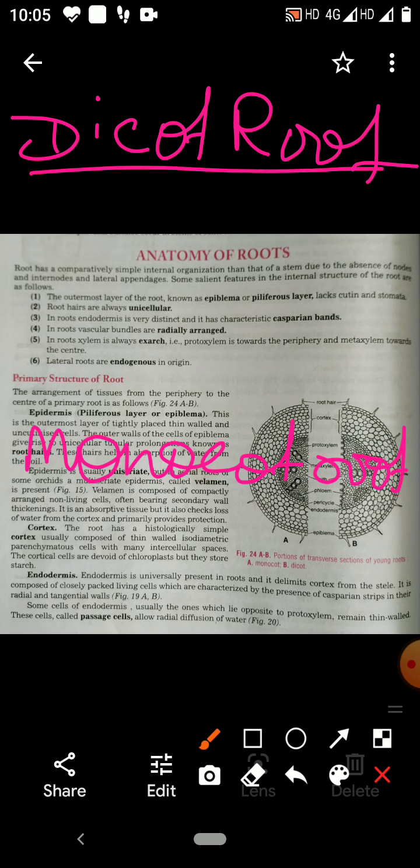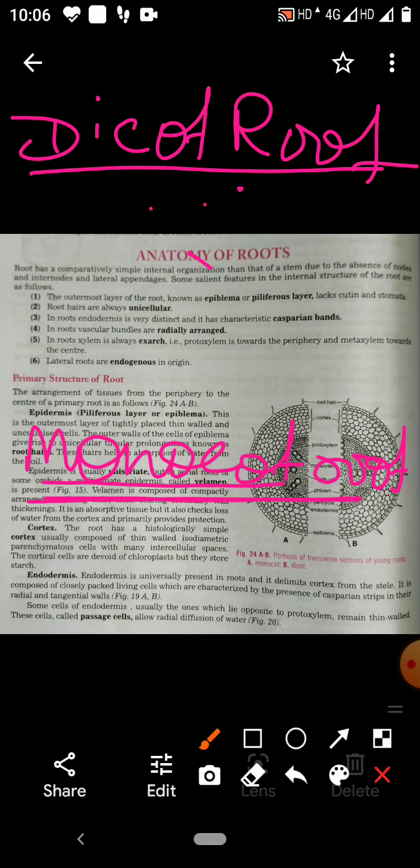In the dicot root, lateral roots arise from the pericycle, but in the monocot, there is no lateral root. In the dicot, pericycle gives rise to lateral roots, phellogen, and a part of the vascular cambium. But in the monocot, only lateral roots come from the pericycle.